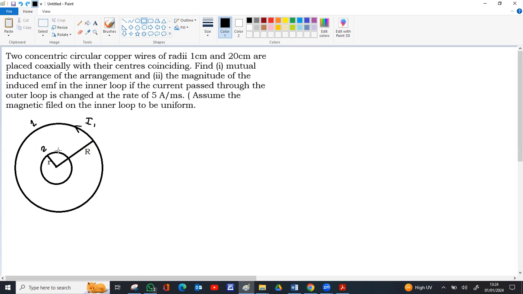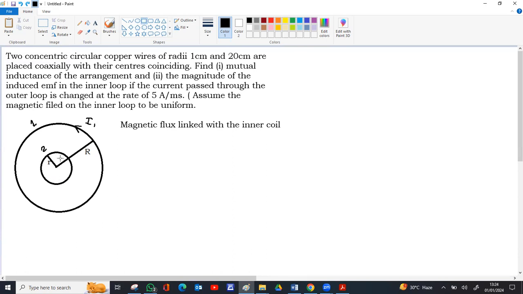Because of this, the magnetic field produced by the first coil, coil 1, will produce a magnetic flux in coil 2. So the magnetic flux linked with the second coil, phi 2, is proportional to the current passing through the first coil, because the magnetic field produced by the first coil is the only one producing flux in the second one.